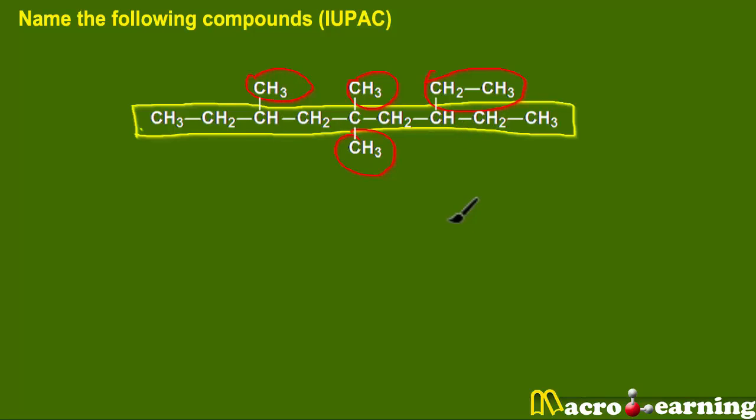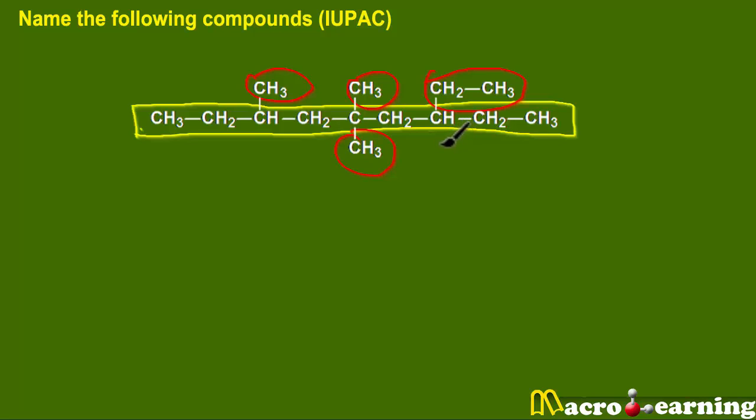So in this case, we will use the alphabetical order. Where you can't decide which way to do the numbering because of the symmetry like this, you have to use the alphabetical order to determine it. So in this case, it's going to start from the right hand side, because the rule is that the alphabetically higher priority substituent is going to receive the lower number.